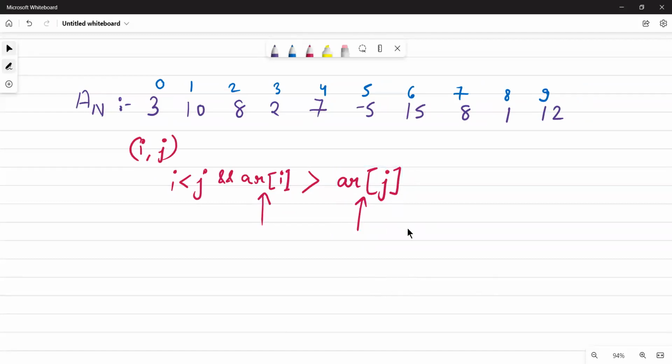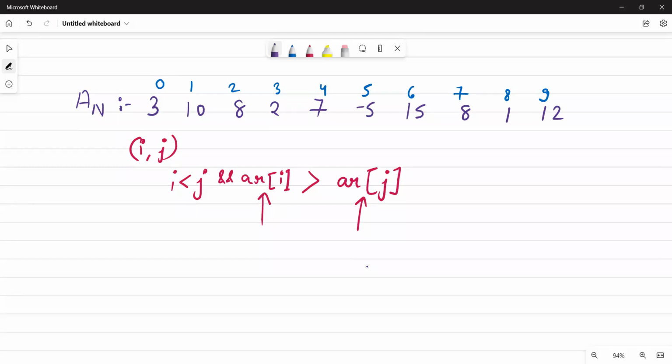Anyone confused with the question or not able to get it? Okay, then we will find out the pairs manually as of now. Can anyone tell me the pair which is qualifying both these qualities? Tell me the numbers, not the indexes, okay?